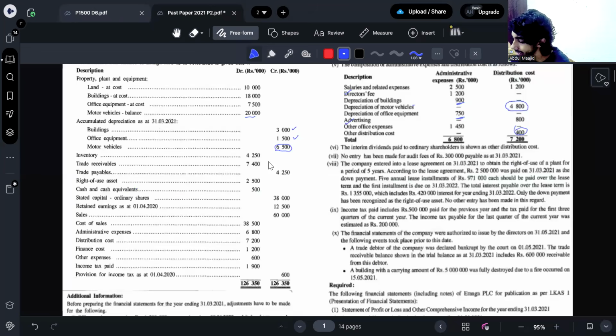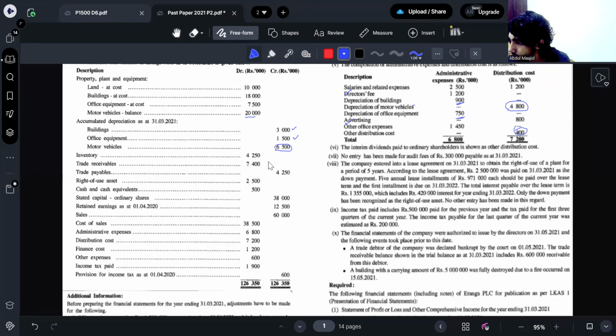The company entered into a lease agreement on 31st of March 2021, at the end of the year, to obtain the right of use of a plant for a period of 5 years. So a plant, like a factory or a huge machinery plant.